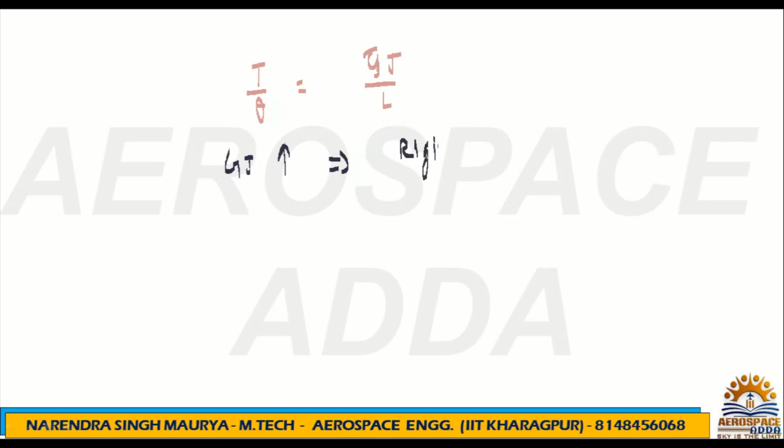First point is it's a rigid shaft. If torsional rigidity is increasing, then obviously rigidity of the shaft will be increasing, because GJ is nothing but torsional rigidity.